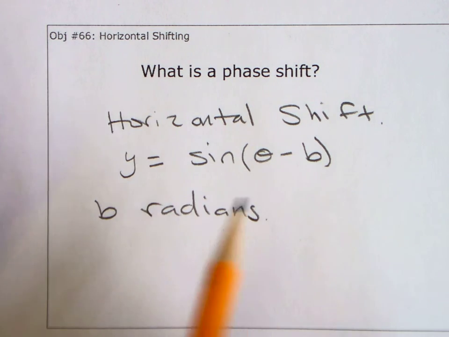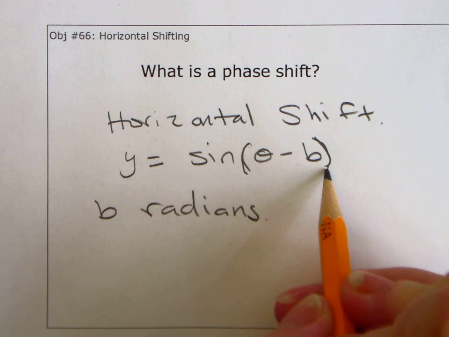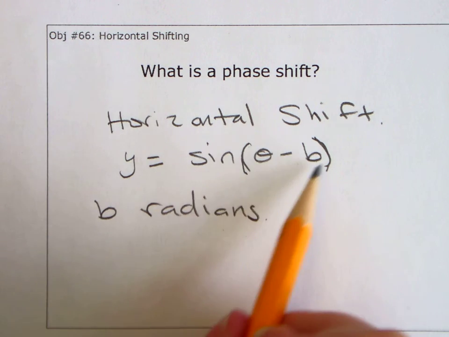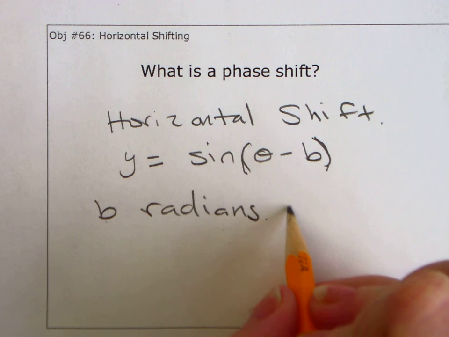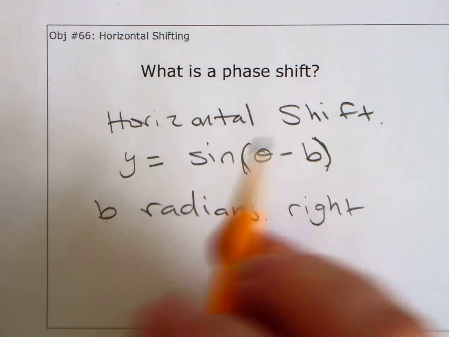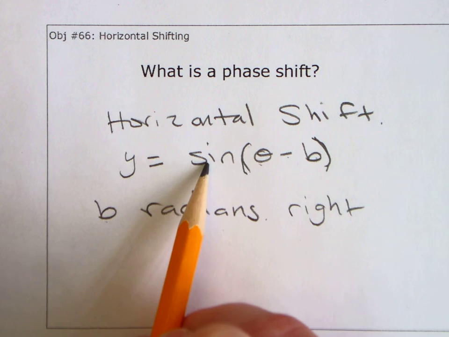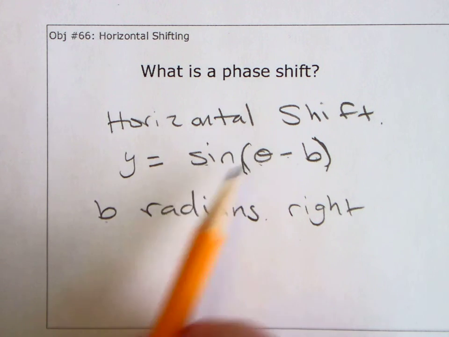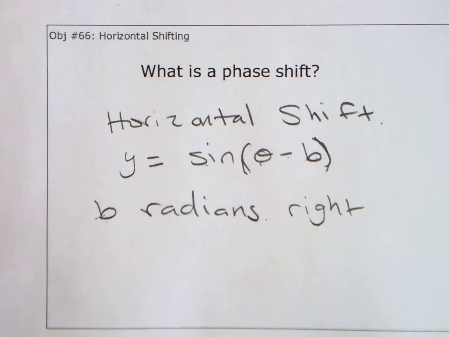Now remember, we have parentheses here. When you shift, just like with a parabola, when it's inside, you change the sign. Because if I plug b in, b minus b is 0, sine of 0 is 0. So you always reverse, because when you plug this in, you want the inside to be 0. So always reverse which way you're going.